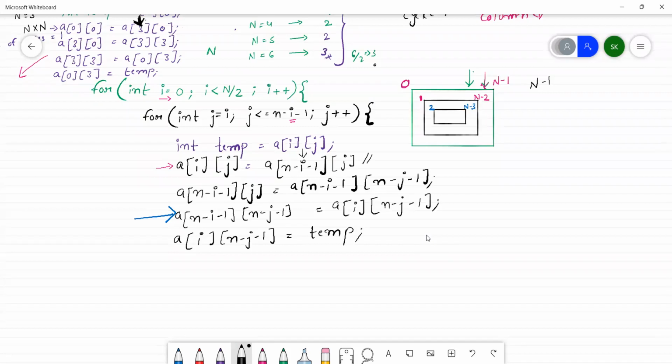Let me write here. What is happening here? Now we are assigning the previous value, that is, the bottom leftmost element is being assigned.